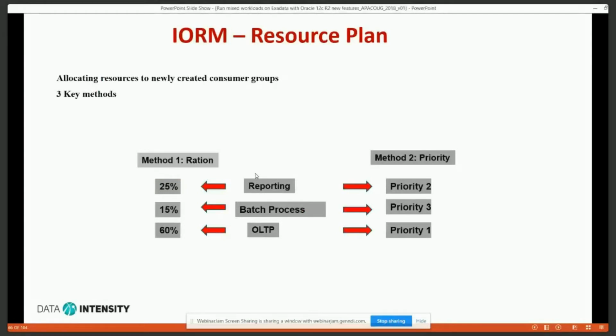As I said, I may have three options. Method one is a ratio. I said reporting needs 25% of the resources, IO resources that we are talking about here, batch process needs 15% and OLTP needs 60%. That was method 1. Method 2, I set priority. My reporting will have second priority, batch process will have third, and OLTP will have first priority.